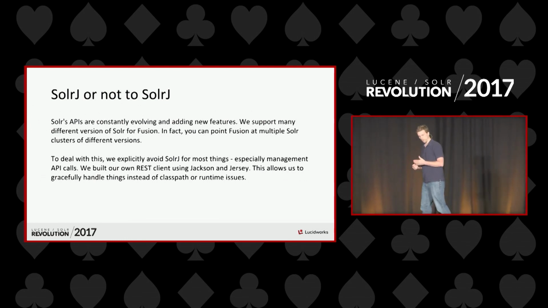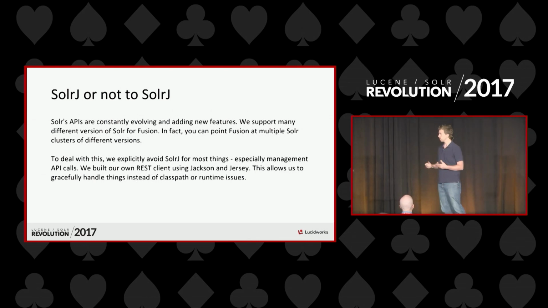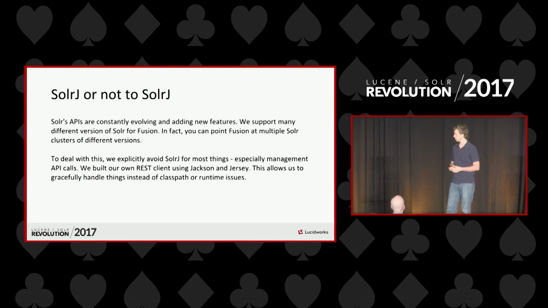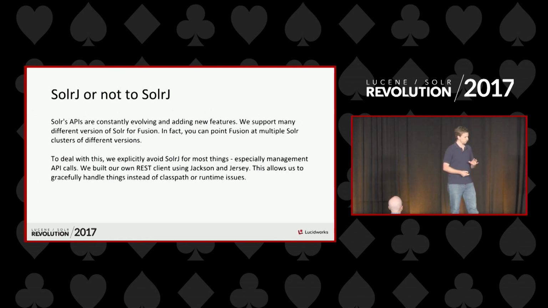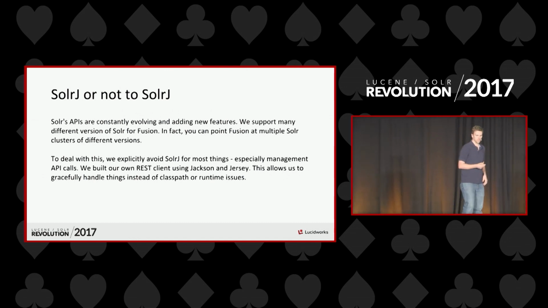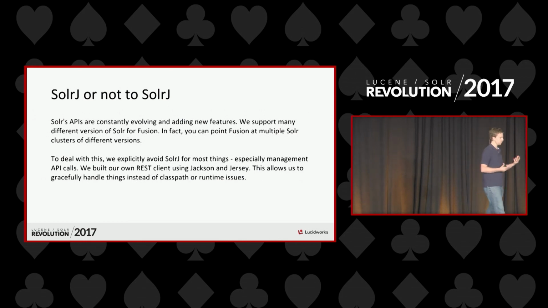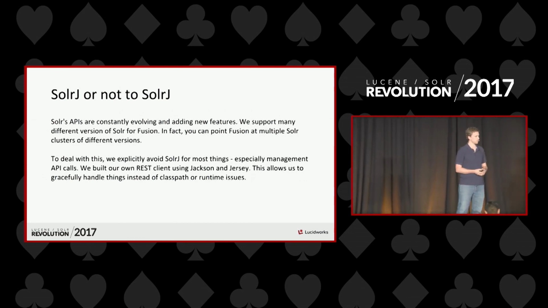Here's my Solr slide. One early problem we ran into with Fusion was interoperability with lots of different Solr versions. That's one of our big key things in Fusion: we don't force you to use a particular version of Solr. We support a wide range. And so to mitigate this, we ended up not using SolrJ to do many kinds of requests, like the management APIs, configuration APIs, things like that.